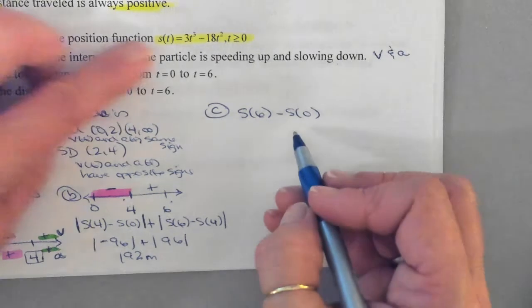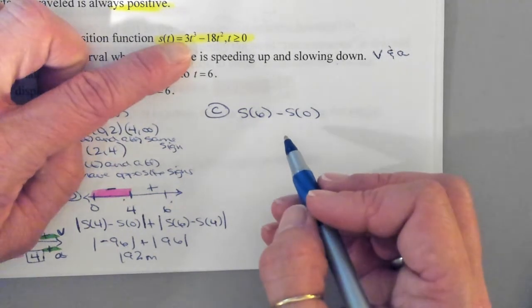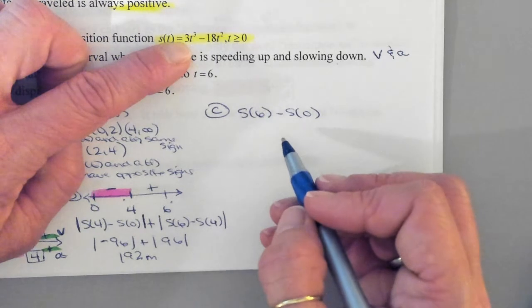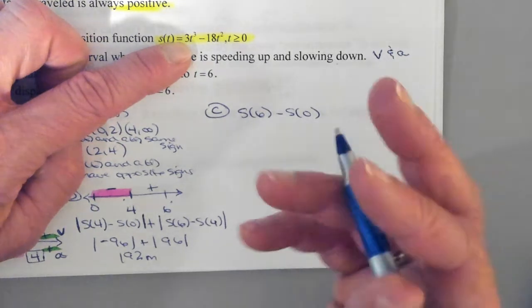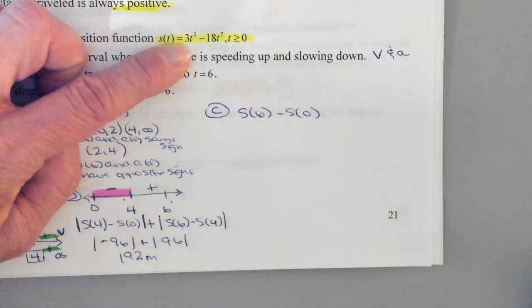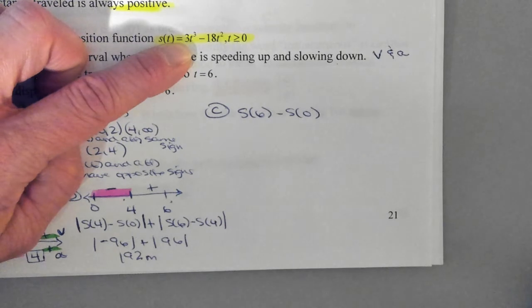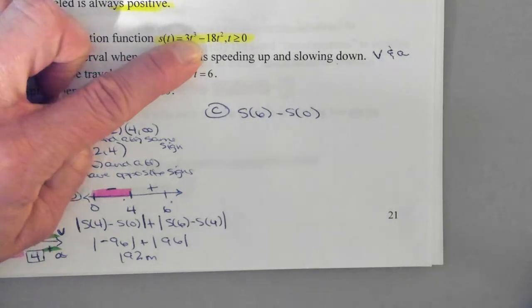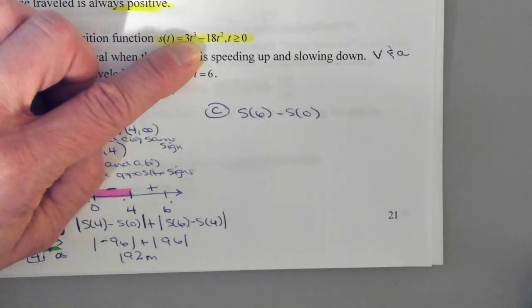Who has a calculator? Go into y equals, please, and put in 3x cubed minus 18x squared in y sub 1.